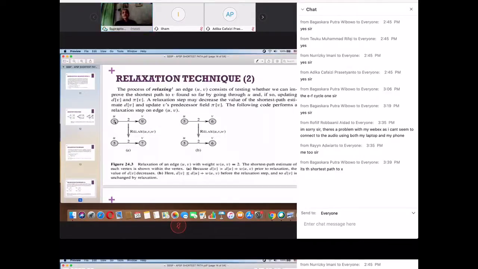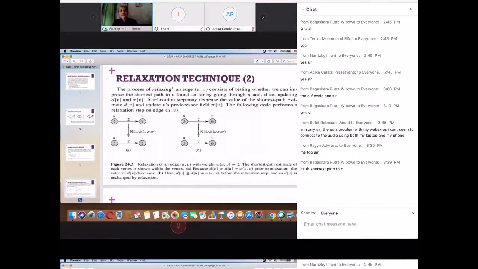To achieve or to reach V, you just add U. You just need one additional edge with a weight of 2. So, what's the improved value of this?